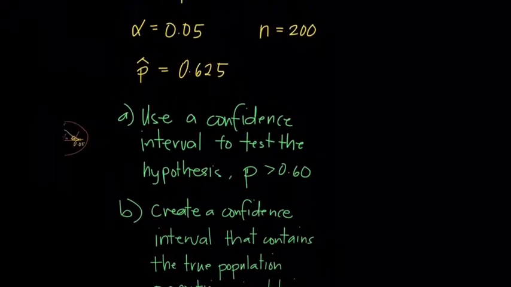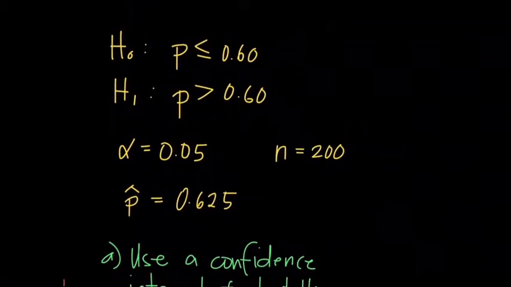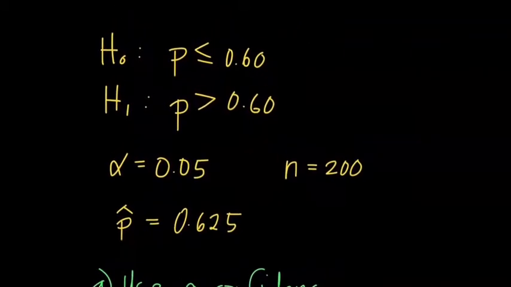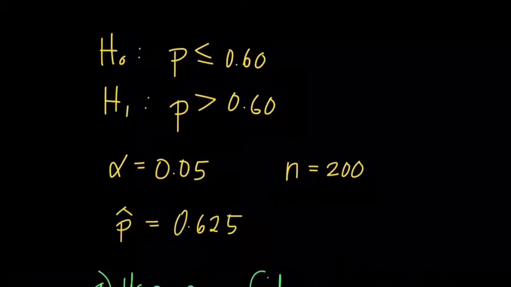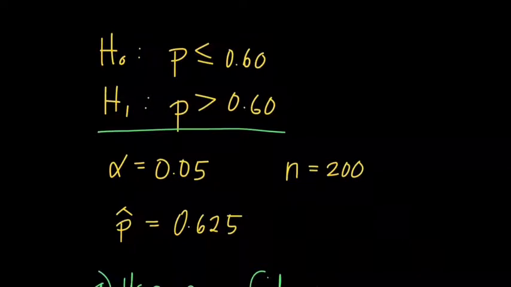That is, the significance level set for the test is alpha equals 0.05. Now, before I even go to the solution, take note that the alternative hypothesis is a statement of inequality. Therefore, if we have to perform the hypothesis testing, we are supposed to perform a one-tailed test. So that means that when we create a confidence interval in testing the hypothesis, we should be using a one-sided confidence interval.